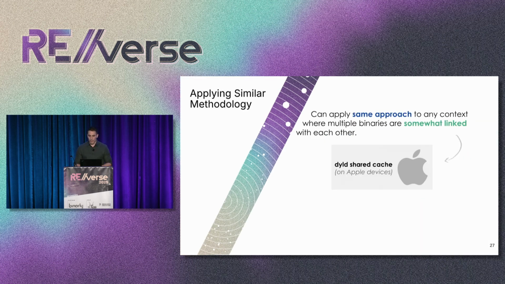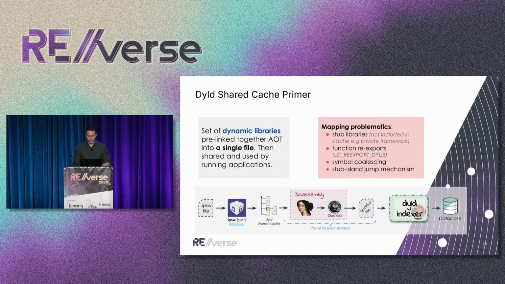A good example for that is the dylib shared cache of Apple devices. Very briefly, the dylib shared cache is pre-linked. It's a huge binary blob made of pre-linked shared libraries that is going to be mapped in memory, so that many executables will be able to use it.